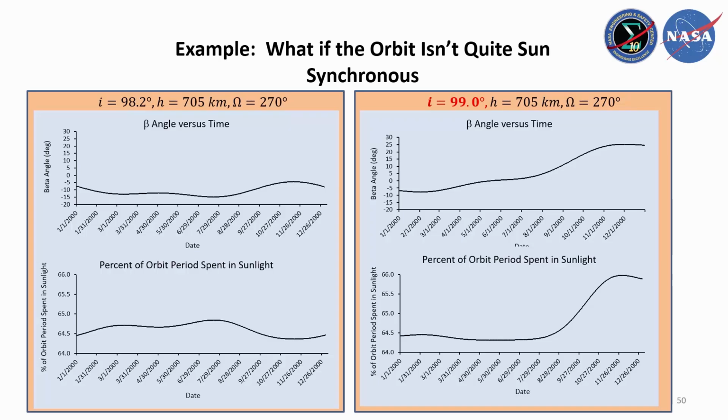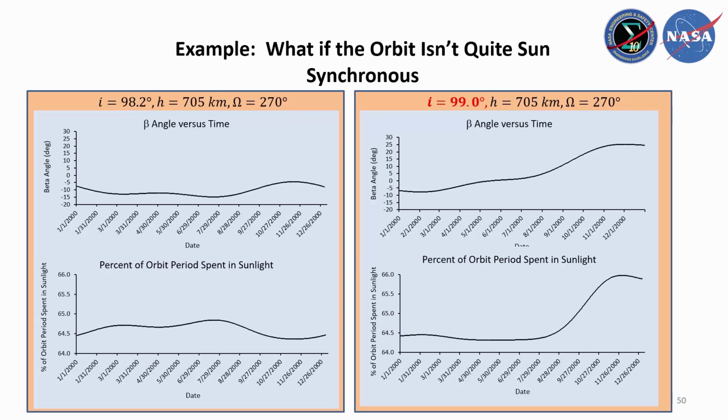As a demonstration of just how well tuned the Sun-synchronous orbit is, consider the Sun-synchronous orbit analyzed in comparison to another orbit where the orbit inclination is changed from 98.2 degrees to 99 degrees, a seemingly small change. However, in comparing the beta angle versus time plot for both orbits, we see the orbit inclined 99 degrees shows considerable deviation in time.